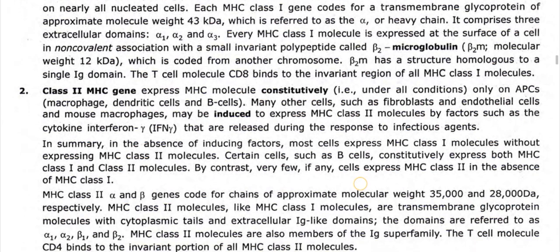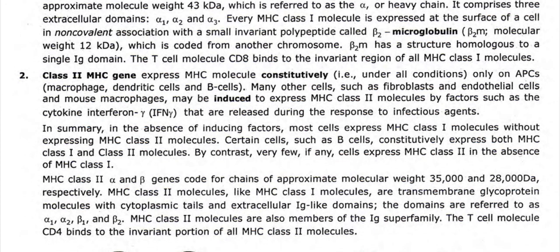Every MHC class 1 molecule is expressed at the surface of a cell in non-covalent association with a small invariant polypeptide called beta 2 microglobulin. Beta 2 microglobulin, molecular weight 12 kilodalton, is coded from another chromosome. Beta 2 has a structure homologous to the single Ig domain. The T cell molecule CD8 binds to the invariant region of all MHC class 1 molecules.